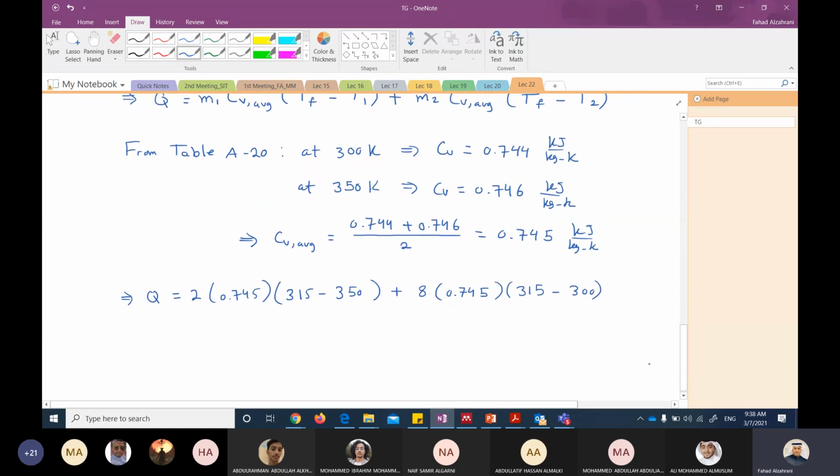If you do the calculation, you will find that the final answer Q is going to be plus 37.25 kJ.